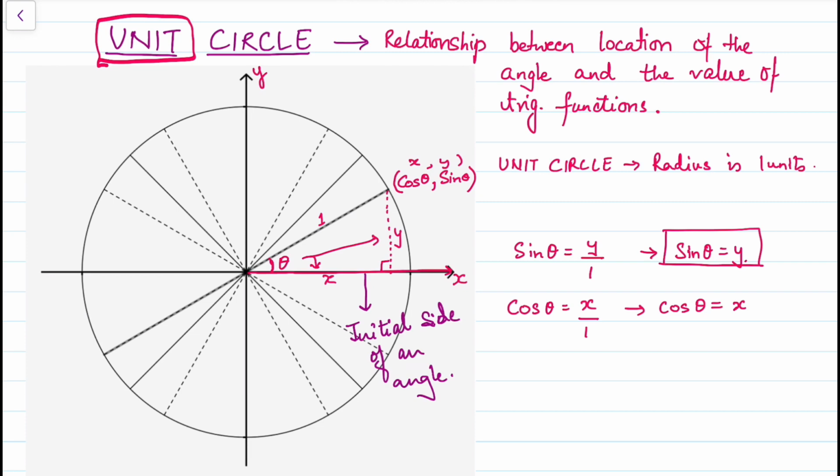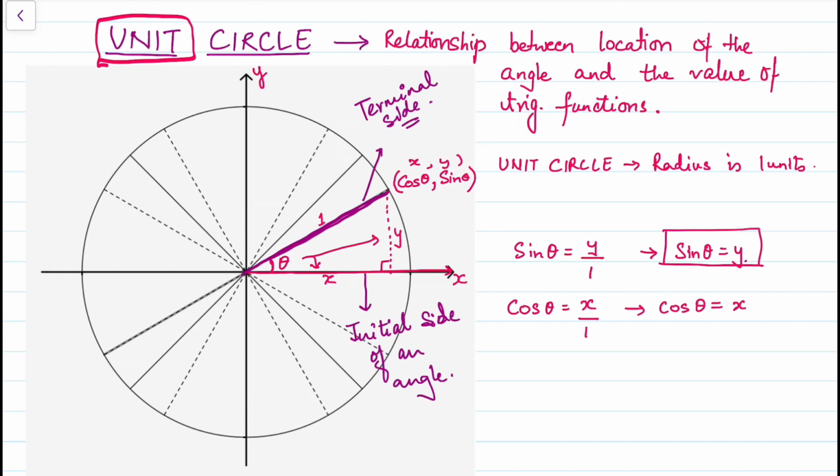And then there is a terminal side, and the terminal side is where the angle ends. So in this case it's this purple line here, and that is the terminal side. We will be using these terms, terminal side and initial side, quite a bit, so just keep in mind those are the few new terms we will be using in here.